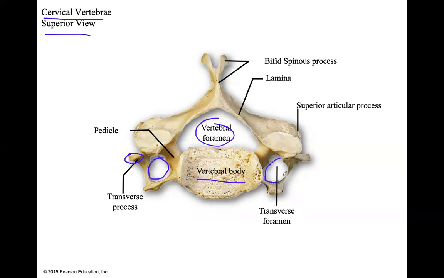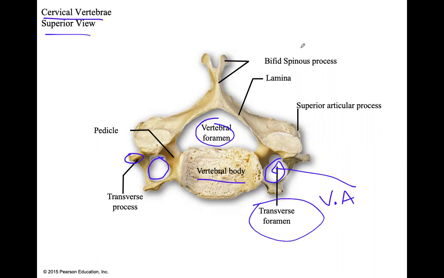The hole within the transverse process is called the transverse foramen. Very important structure because the vertebral artery is going to travel through the transverse foramen. The vertebral artery comes off the heart and feeds blood, oxygen, and glucose into the brain.